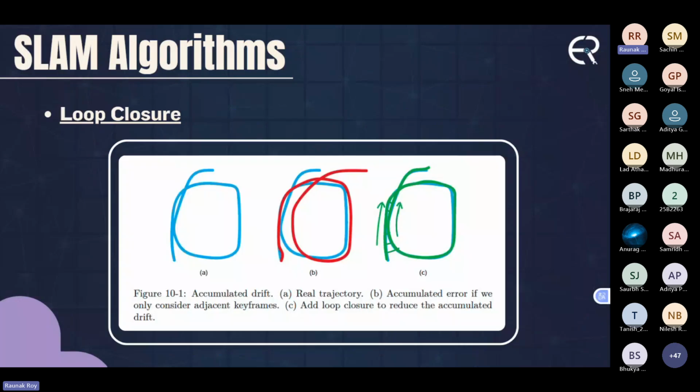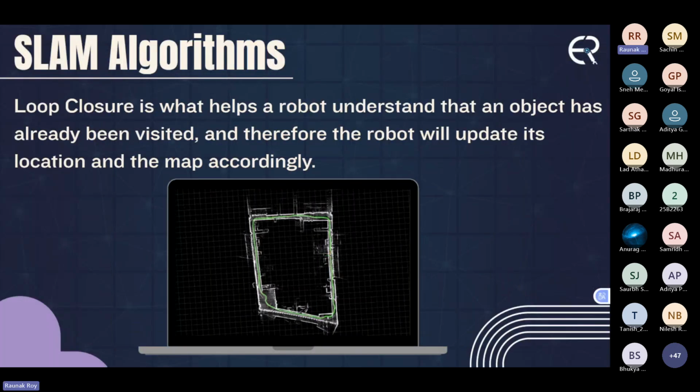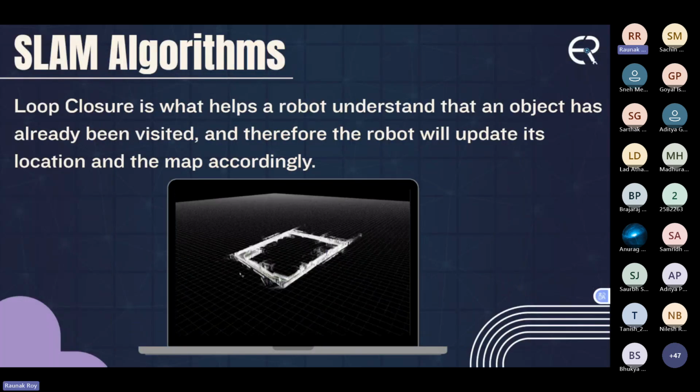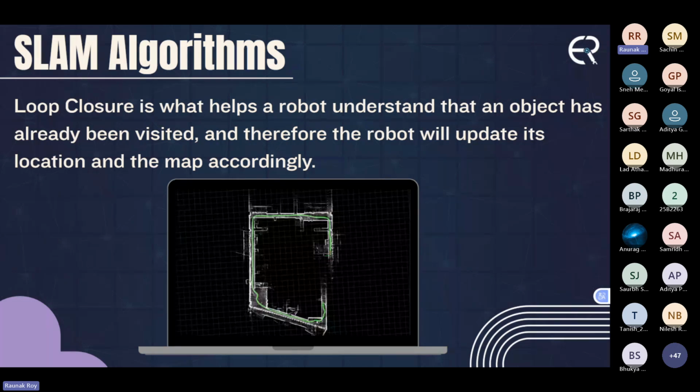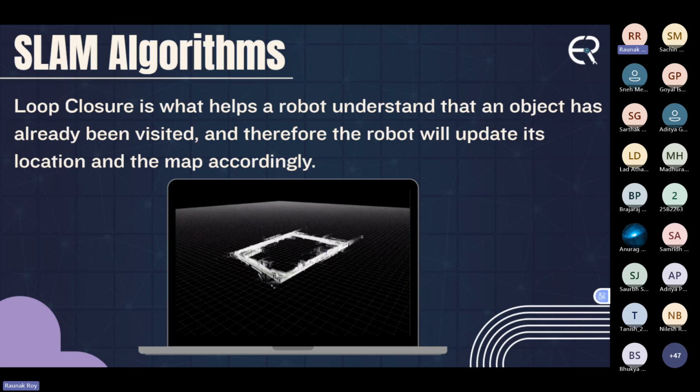And the fourth functionality, which is critical to long-term stability, is loop closure. Loop closure is the process of recognizing a previously visited location and updating the internal map to reflect this realization. As the robot moves, the odometry frame can drift.